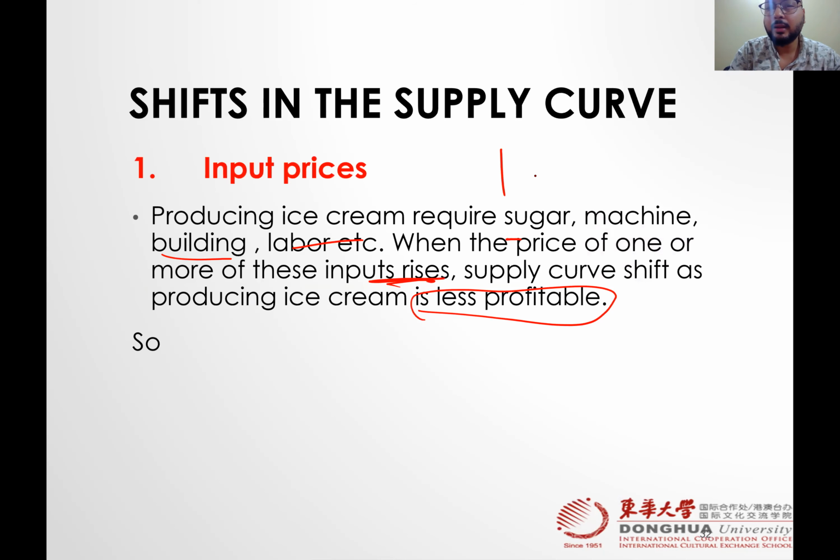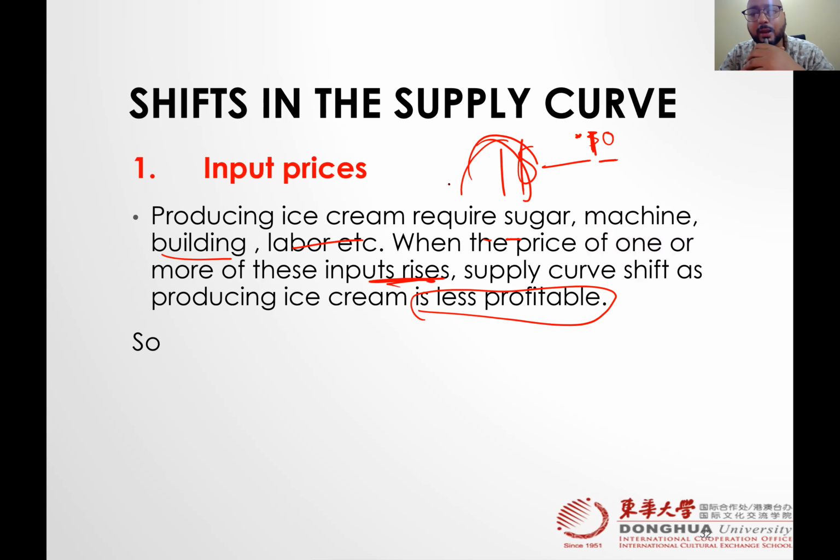For example, at $1, previously you were earning 30 cents on the sale of a $1 ice cream. But now, due to the increase in sugar, your profit is 0.10. Would you like to produce more ice cream or less? Because the price is the same, $1, of course you want to produce less.